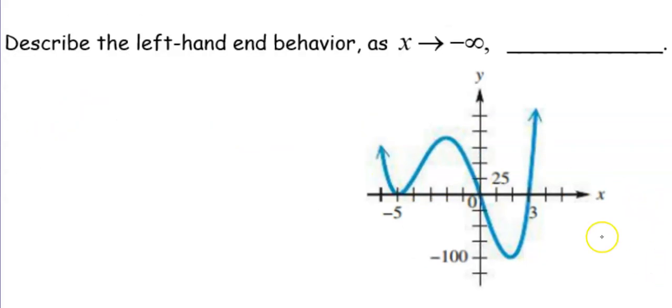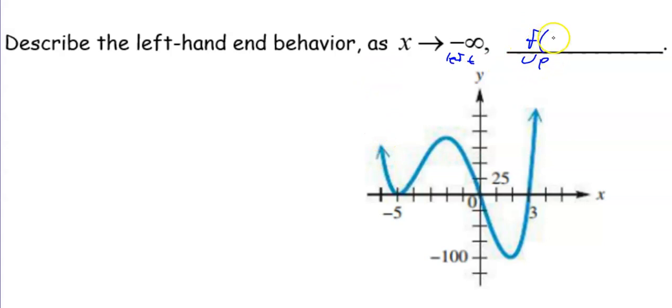Well, what would we say for the left-hand behavior? As x approaches negative infinity, as x goes to the left, negative infinity is to the left. What does y do? Does y go up or down? Well, when I'm looking at this, the more to the left I go, y goes up.